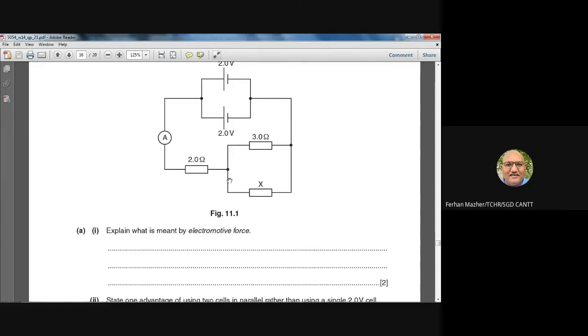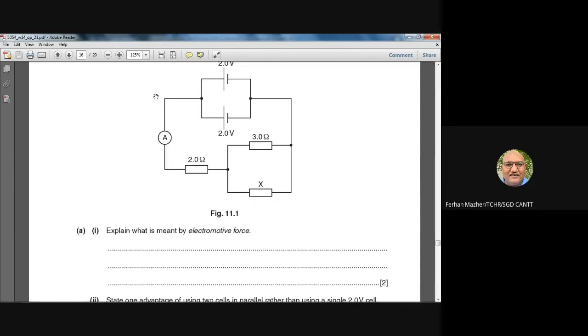When you connect resistors in parallel to each other, the total voltage drop on them is equal to the individual voltage drop. It's a conceptual thing. Try to understand this thing. Because they are connected in parallel, the voltage drop on the 3 ohm will be 1 volt, the voltage drop on the X will be 1 volt, and the voltage drop across this combination will also be 1 volt. And how did I come to know that it is 1 volt?